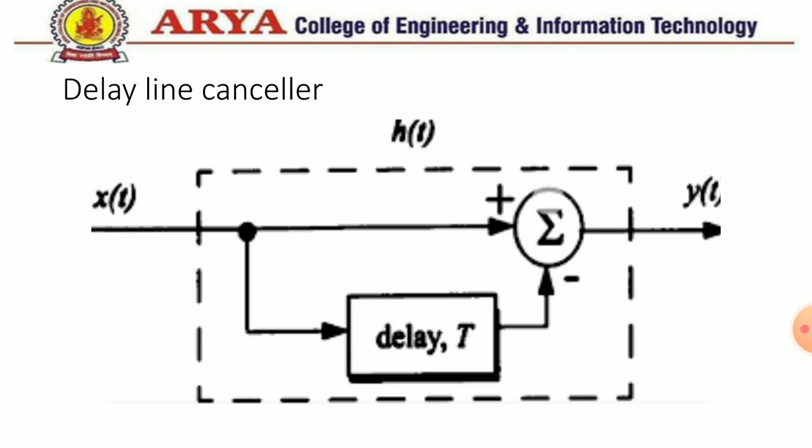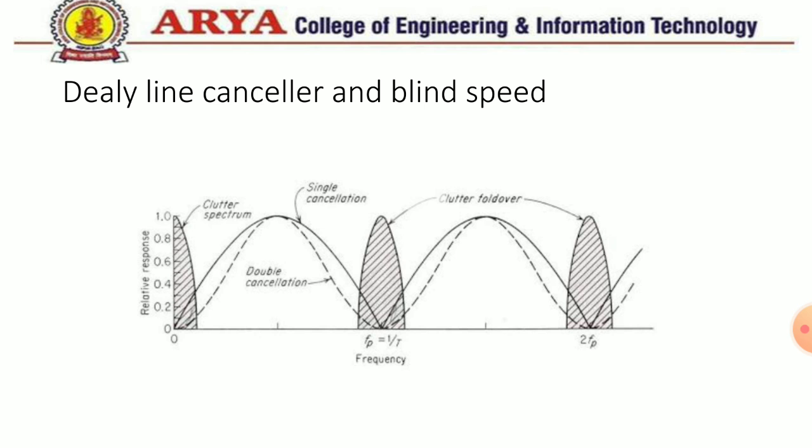Now one thing that we need to understand is the frequency response of the delay line canceller. The frequency response will look like this diagram. Now if you see the response of the delay line canceller, it is minimum at amplitude 0, so at this frequency there will be blind speed.